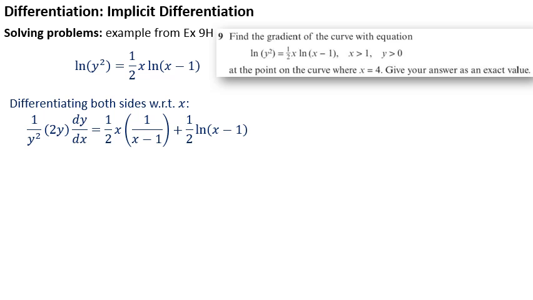And on the right-hand side, this is also a little complicated. You've got product rule involved because we've got a half x multiplied by ln of x minus 1. The half doesn't need to bother us. In fact, if you like, you can pull it out as a common factor. You could even double both sides at the very beginning before you begin the process.